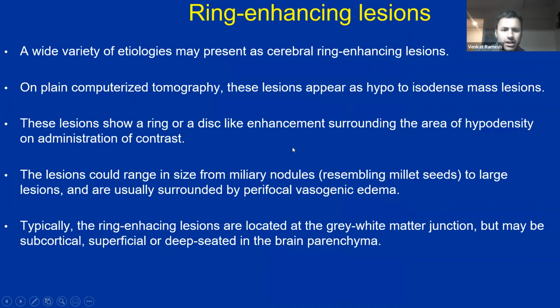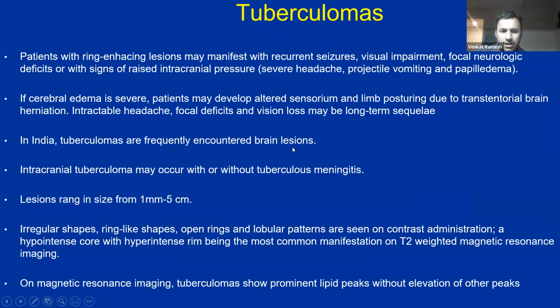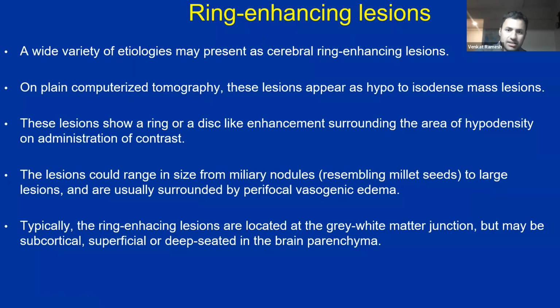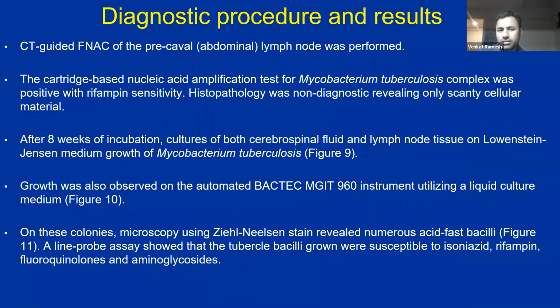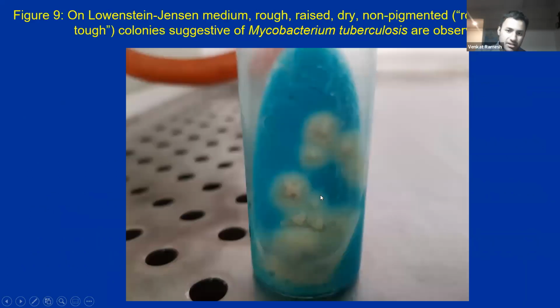What I would like to emphasize here is that the diagnosis was really clinched on biopsy of a lymph node, because the CSF was suggestive of tuberculous meningitis, but not diagnostic, because the sensitivity of TB PCR in the CSF is at best about 50%.